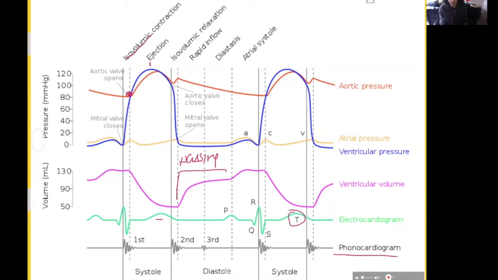Now, when you have a myocardial infarct, whether it's a STEMI or non-STEMI, that can differ in an ST elevation or depression, and that's something we can talk about in a pathology series.